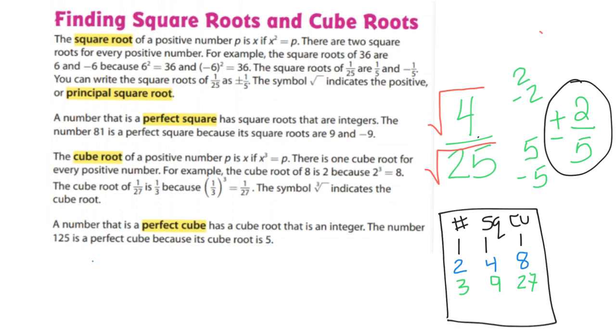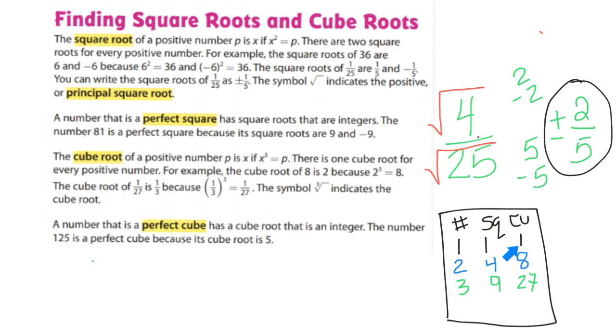And you're saying, okay, but how am I going to use this? I'll show you. If you need to find the square root of 4, look at your square column. There's the 4. What's its square root? 2. If you want to find the cube root of 27, they used a 27 in their example. They wanted the cube root.